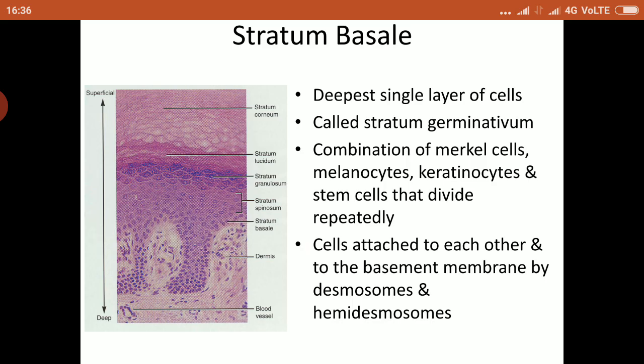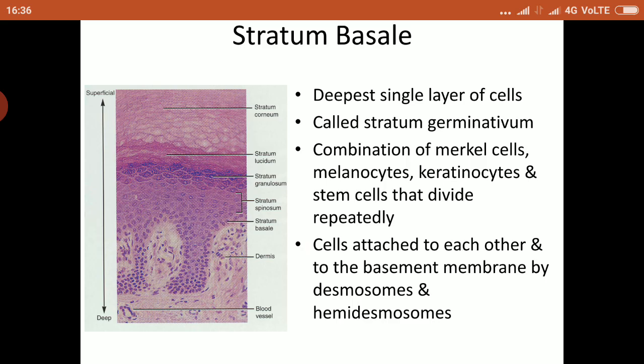Now, as new cells are formed, the existing cells are pushed superficially away from the stratum basale. Two other cell types are found dispersed among the basal cells in the stratum basale. The first is the Merkel cell, which functions as a receptor and is responsible for stimulating sensory nerves that the brain perceives as touch.